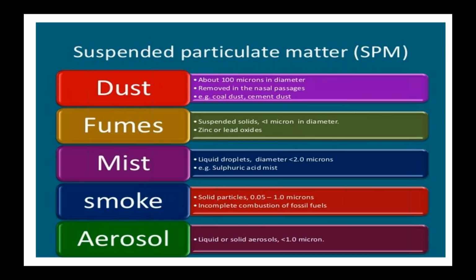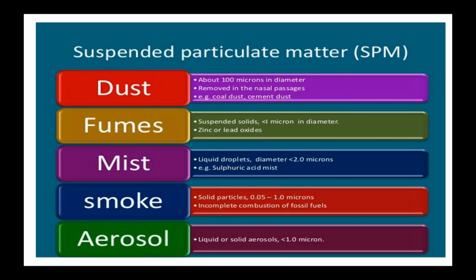Examples are coal dust and dust from cement, etc. Fumes are suspended solids less than 1 micron in particle diameter. Zinc or lead oxides will definitely produce fumes. Mists are nothing but liquid droplets, right, which you can observe in the winter season, with diameter less than 2 microns. For example, sulfuric acid can also produce mist.